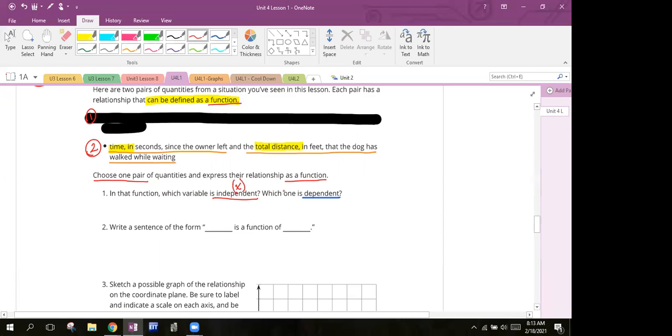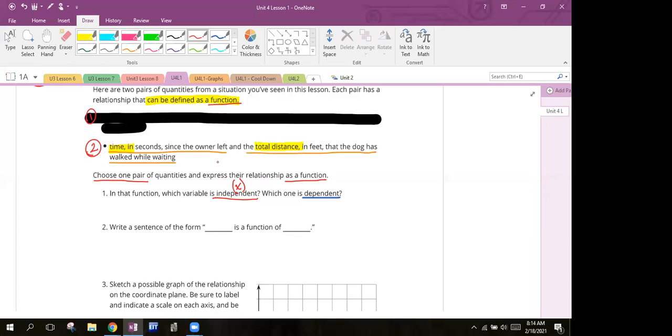Okay, so we weren't given anything to tell me which one of these two variables is going to be my X or my Y, and it's not written in that little format. Blank is a function of blank. So how are we supposed to know which one is my X and which one is my Y?